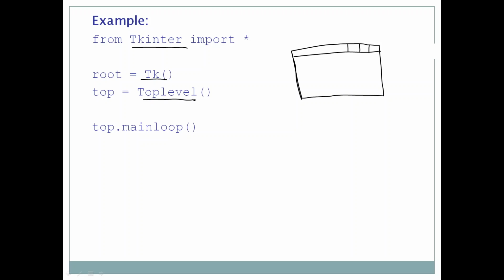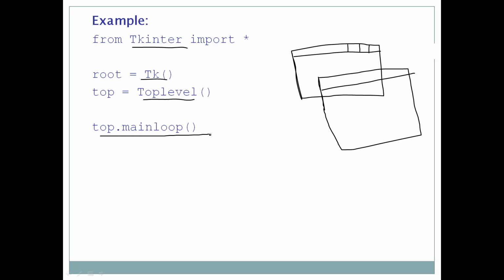So one more parent window we are creating, so it will create one more parent window, something like this, when we say Toplevel, and then we are directly executing the mainloop. So we will see something like this.